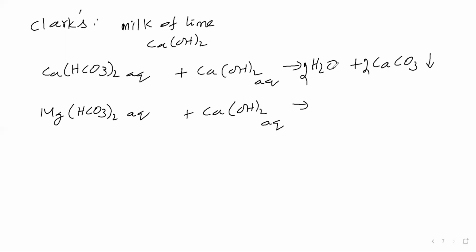Then we take magnesium bicarbonate and milk of lime. The magnesium ion takes hydroxide and becomes magnesium hydroxide precipitate. The OH minus takes H plus and becomes water.